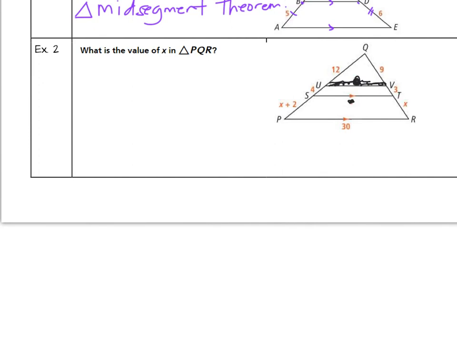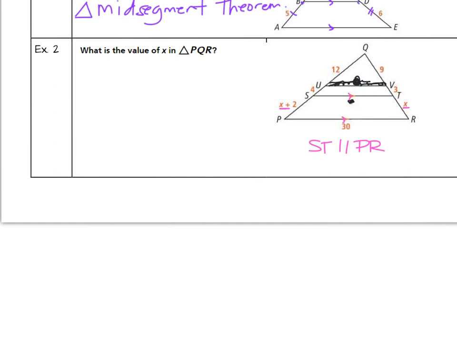Well, take a look at where x is located. I see x on the left side and on the right side. But notice ST is parallel to PR. We've got the little arrow right here and the arrow right here. And what that allows us to do is figure out the little part to the big part on each side.